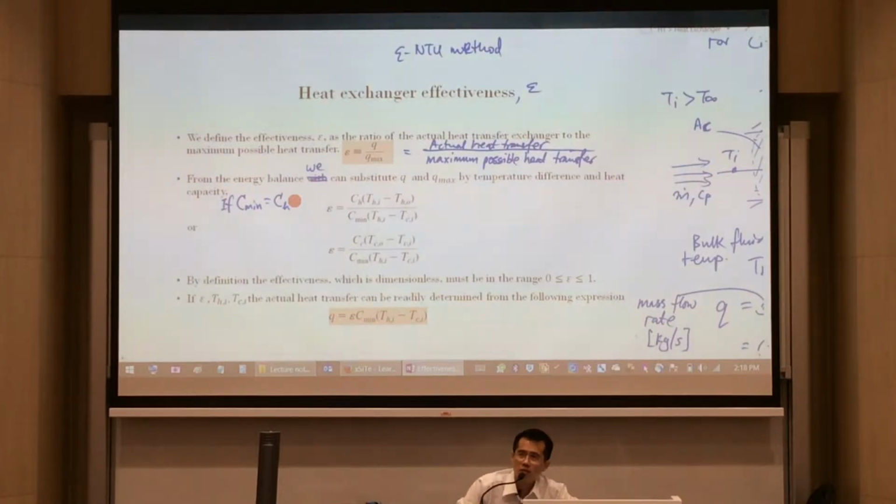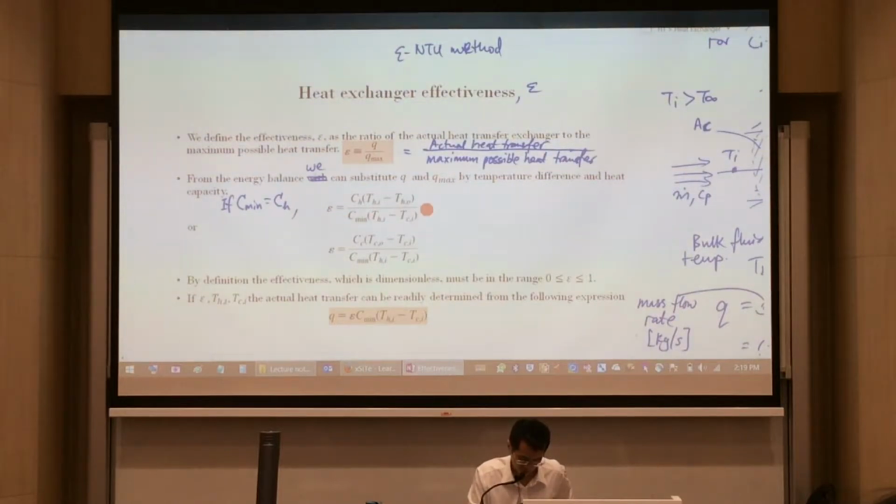Now, sometimes I pronounce capital letter C as just C, and sometimes I pronounce small c as just C as well. So look out when I write it, whether it's capital or small letter. So in this case, C min equals CH, that is the condition.